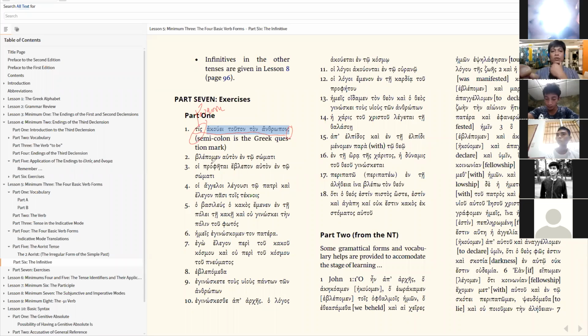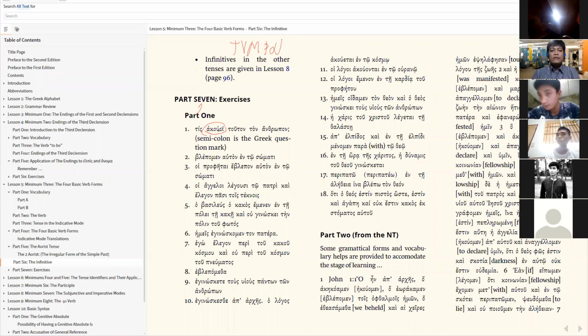Let's try to parse akouei. How do we parse the verbs? TVM, PN. What is the tense of akouei? How do we analyze this one?